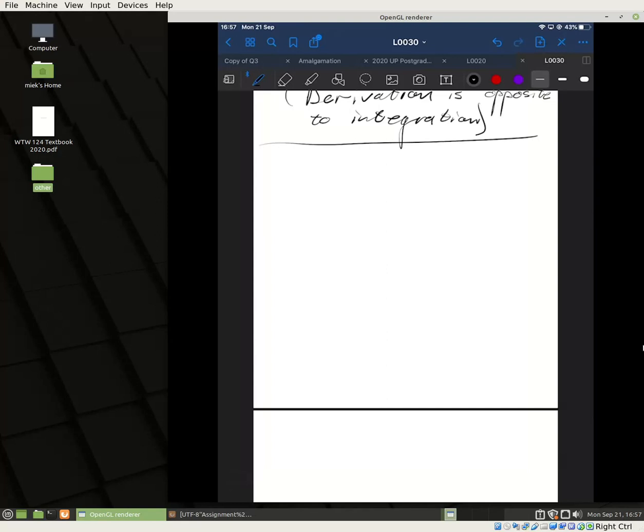Let f be defined on the closed interval a to b to R. Let it be continuous.